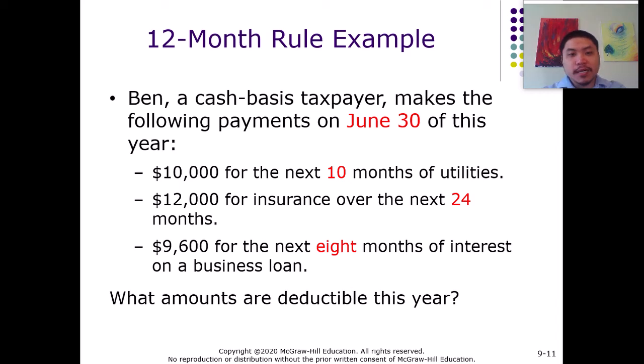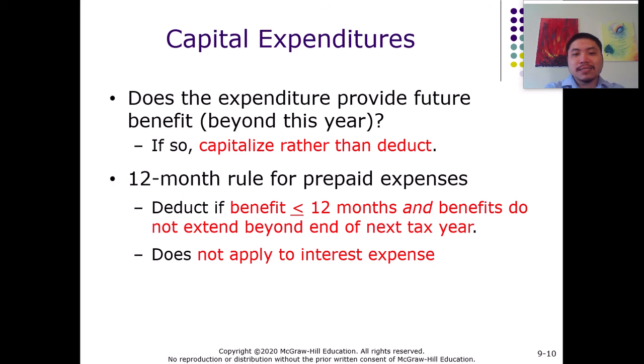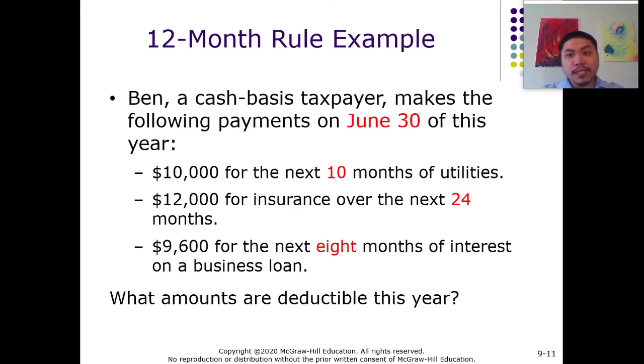In this case, he paid for these expenses on June 30th, and the benefit only lasts for 10 months. That means this benefit does not go beyond the end of the next tax year, so for the first item Ben can deduct the whole $10,000 amount.